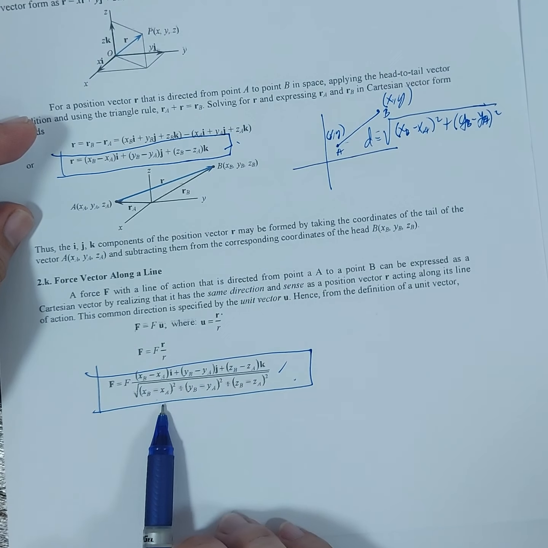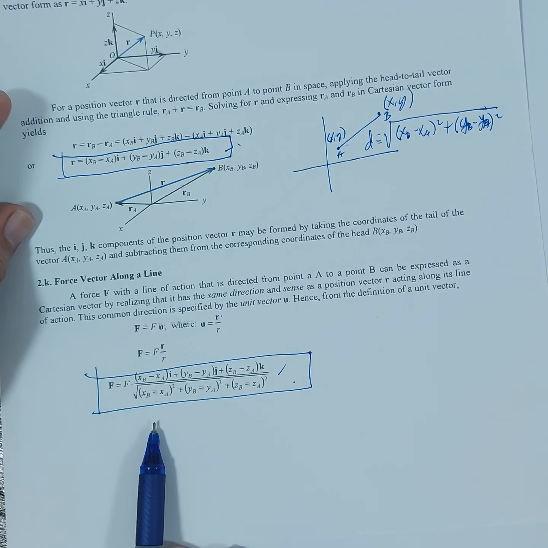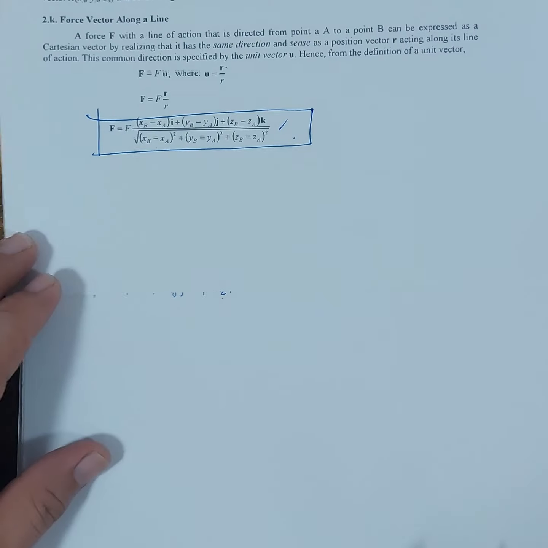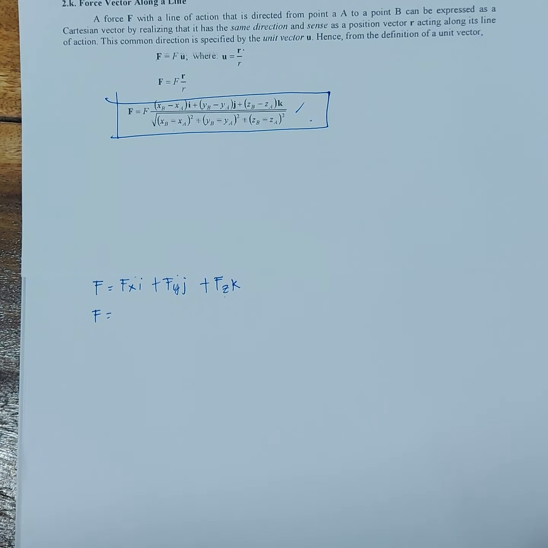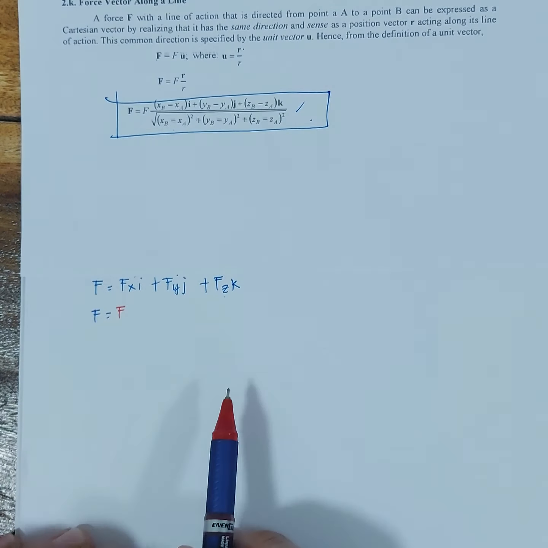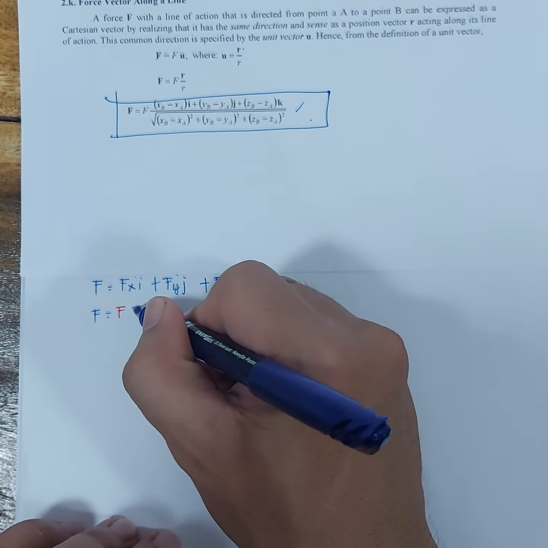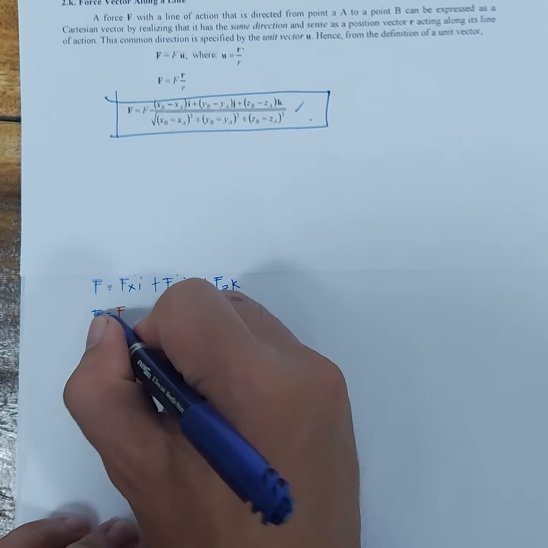So this is our Cartesian vector form using the concept of the position vectors and unit vectors. So from this, F is equal to, I'll write F in red, since we use the same F; in our module it was written in bold.